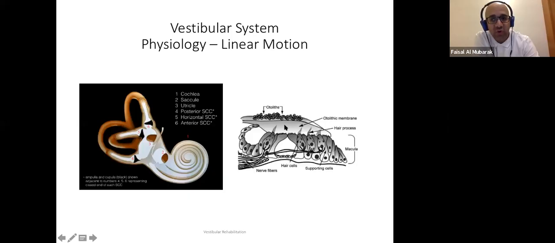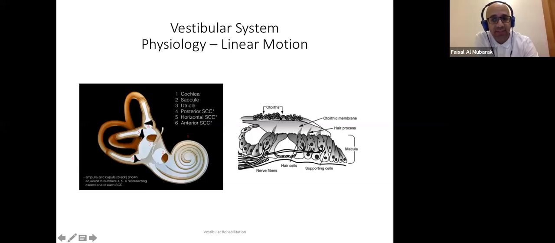By pushing into these hair cells and pulling these hair cells in the back, the brain immediately knows that this patient is moving forward. However, if the patient is moving backward, this will be pushing in the back and pulling in the front, and the brain would know immediately that this patient is moving backward.